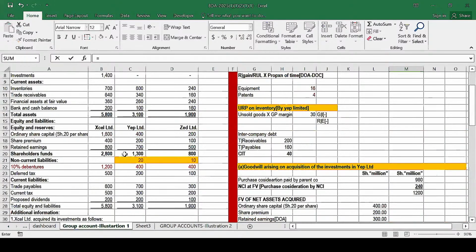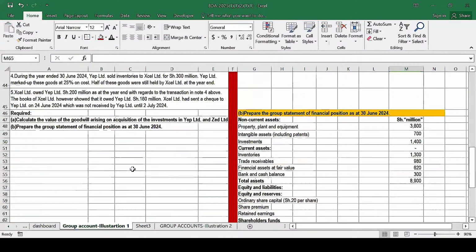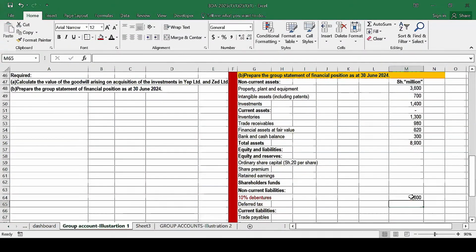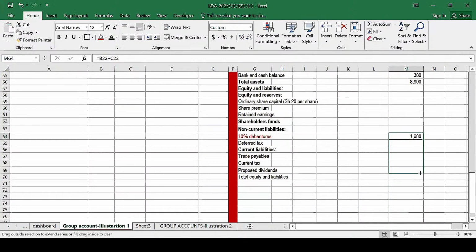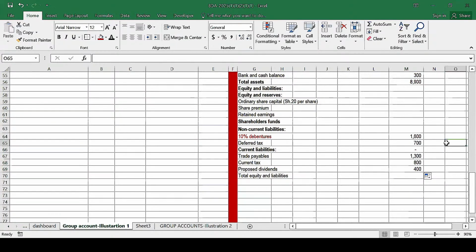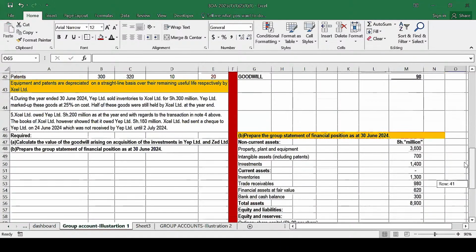We have them here, plus this, we enter, and then we will apply that formula to all the other items. But automatically some of the items, we know they have adjustments. So we will come back and do the necessary adjustments.